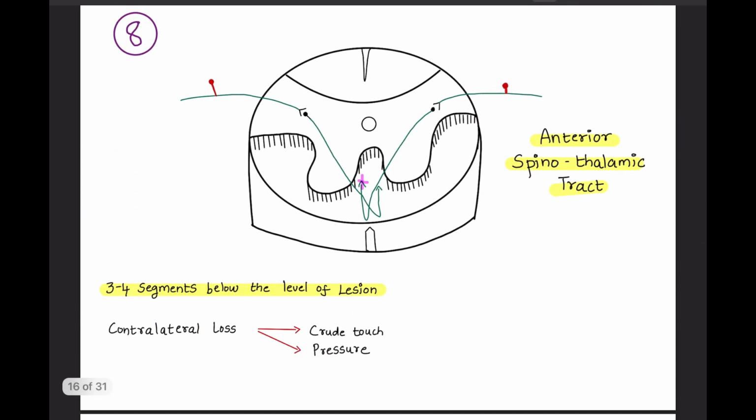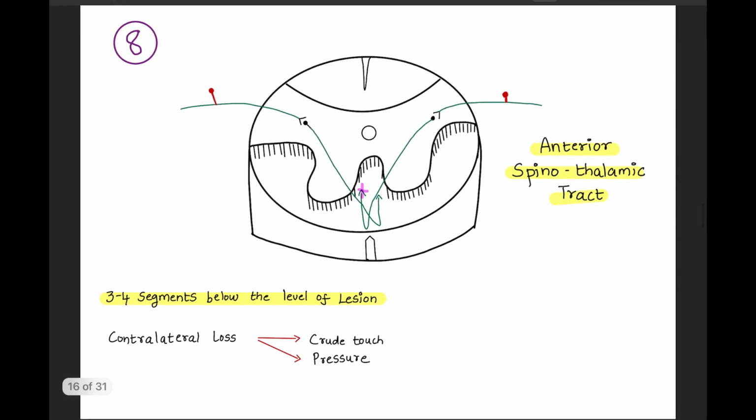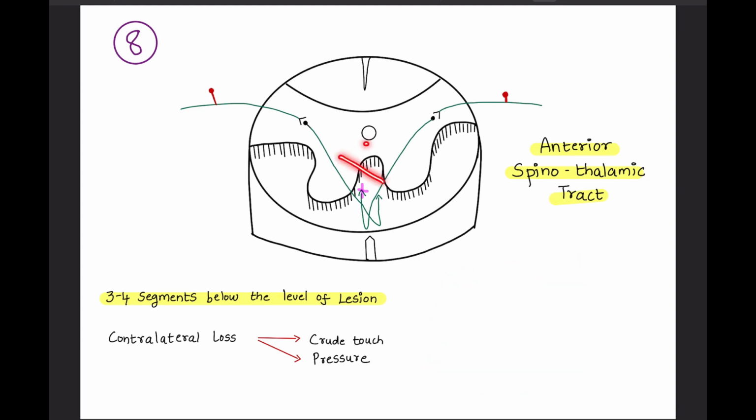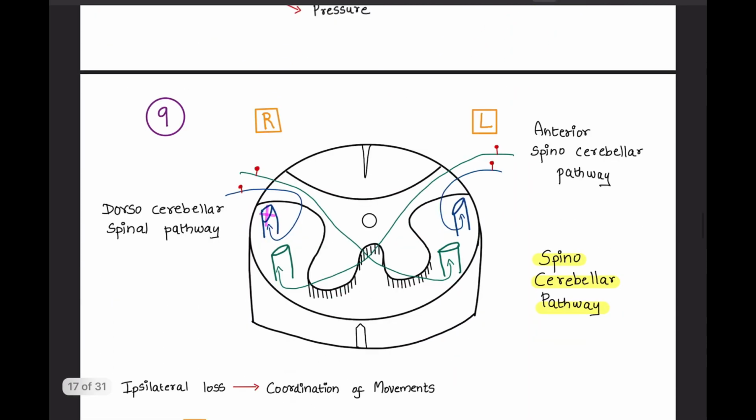Here in the 8th case, that is the lesion in the anterior spinothalamic tract, the clinical features will be seen from 2 to 3 spinal cord segments below the lesion, so the 3 to 4 segments below the level of lesion. Below the level of lesion means here is the lesion in the spinal cord. So below the level of lesion, it will be seen from 3 to 4 segments below.